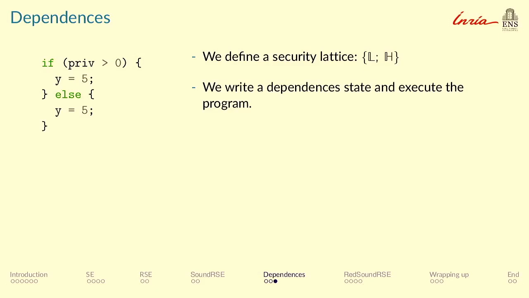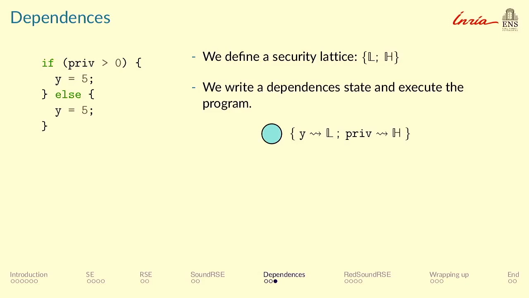So the idea is that first we have to define a security lattice, low and high. Basically, low is going to be the bottom of the lattice. And then we can write a dependency state, which is basically a map from variables to the security lattice, so values of the security lattice.